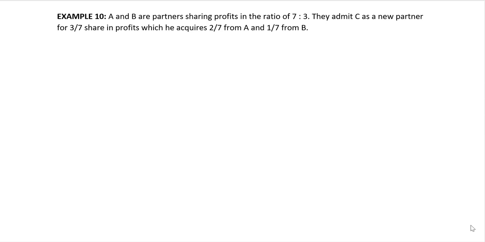Example 10. A and B are partners sharing profits in the ratio of 7:3. They admit C as a new partner for 3/7 share in profits, which he acquires 2/7 from A and 1/7 from B. Let's solve the problem.